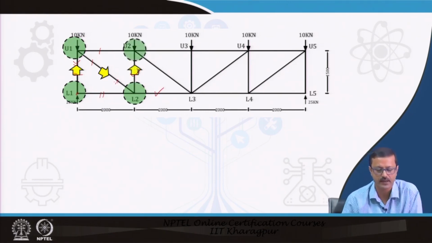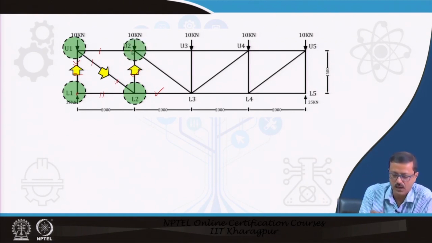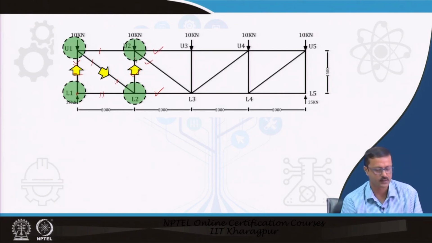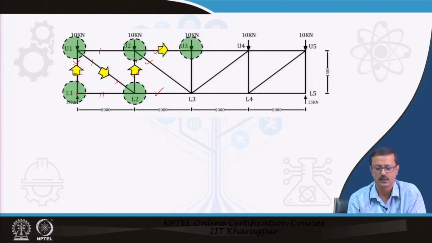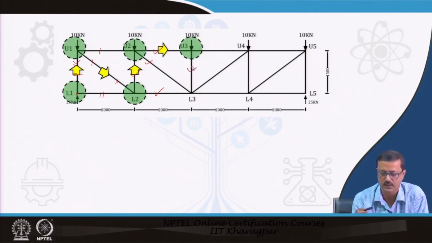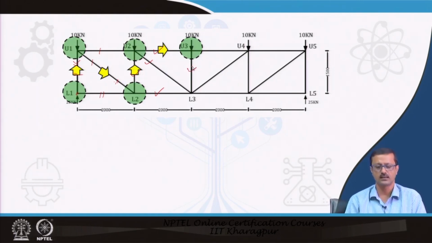Then I will go back to U2, the upper one. The upper nodes are named U1, U2, U3, and so on, and the lower nodes are L1, L2, L3, L4 and L5. So, we will go to U2, and I can find out these 2 unknowns because the others are already known to me, and finally, we can come back to U3, and then I can find out the force over here, and it is symmetrical.